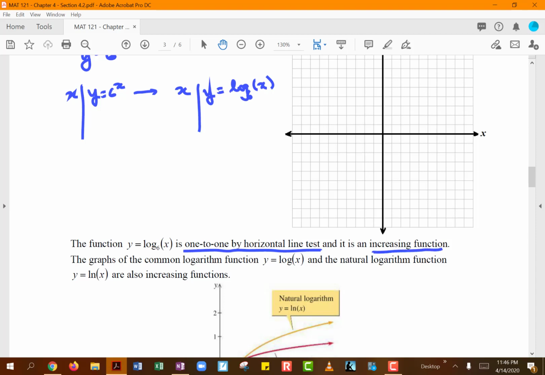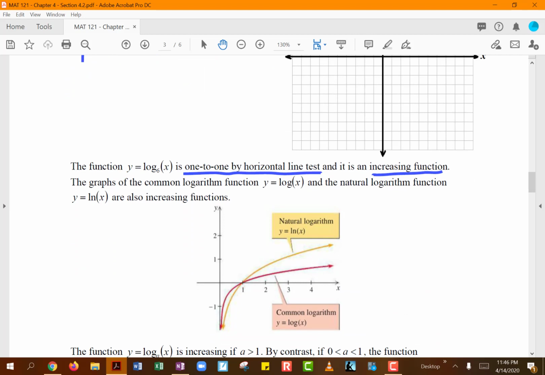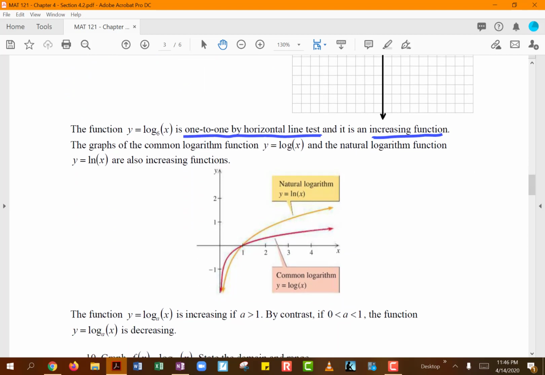And here, they're actually just showing you what the graphs of your common log and natural log would look like. Of course, you know those are base 10 and base e functions. You can see both of these functions are also increasing functions. They are both crossing at the same x-intercept point, which is (1, 0).